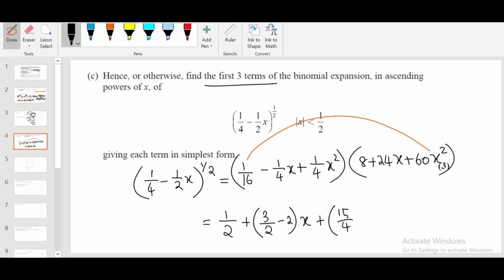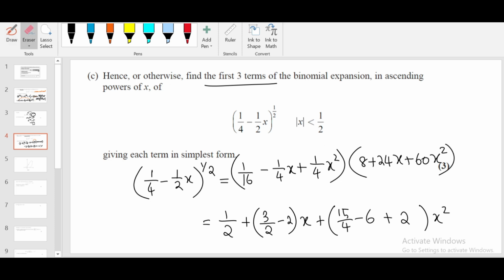I'm going to take x square as a common factor. And then when you multiply this term by this term, you will get x square. 1 over 4 into 24, 6 4s are 24, so you will get minus 6. And then when you multiply, what is the next term? This and this, you will get x square. 1 over 4 times 8 is just 2. So you will get plus 2x square.